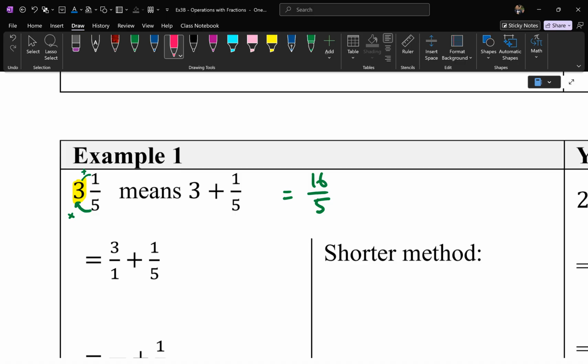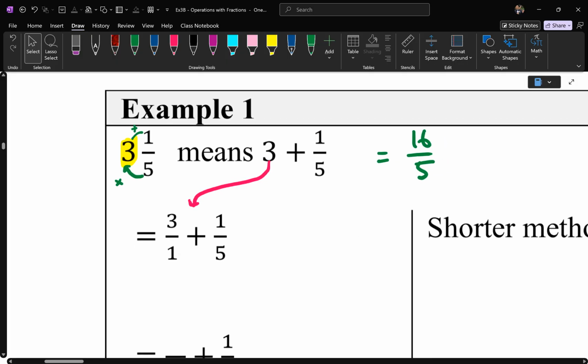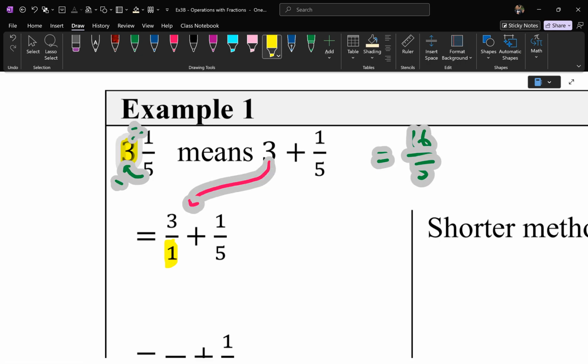3 as a whole number is 3 out of 1. That's as a fraction. See, 1 whole, there's 3 of those 1 wholes, plus 1/5. Now, we already learnt just before, I asked you, can you add these two fractions together? We know they're not the same type. These are wholes. That's 1 whole pizza. And this is a pizza you cut into 5 pieces.